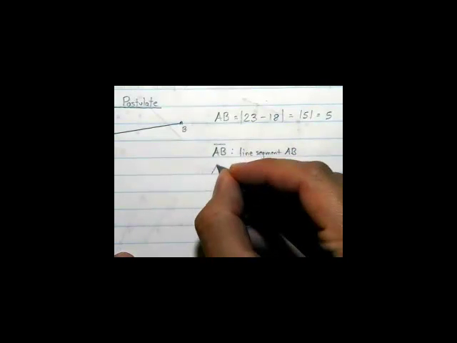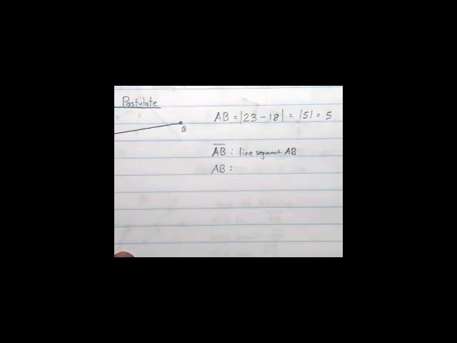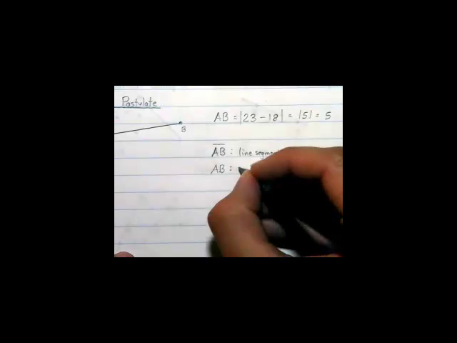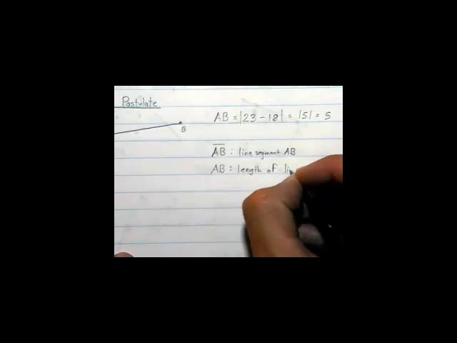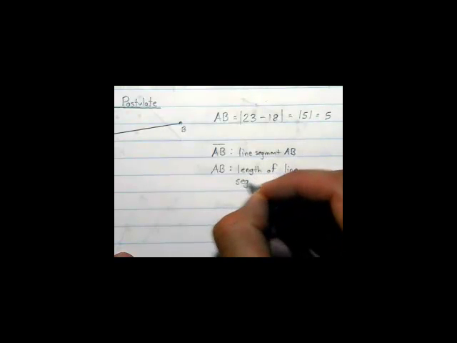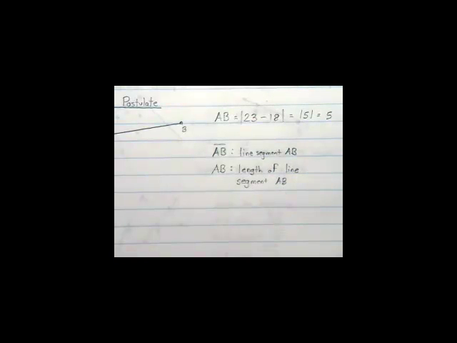If I have AB without the bar, that refers to the length of line segment AB. Okay, so that's an important thing that you guys need to know. Make sure that when you're talking about the length of a segment, you're not putting the bar on there, or if you're just talking about the segment, you do have the bar on there. It's an important notation thing that can make a big difference later on.